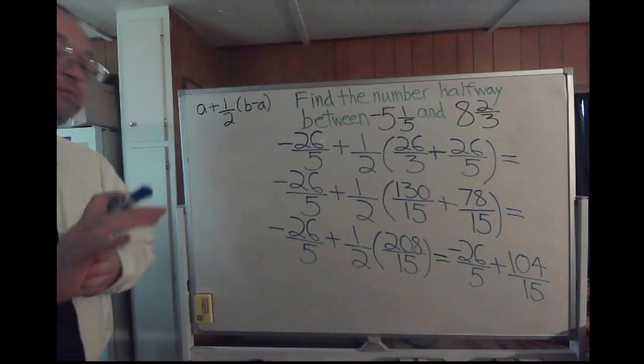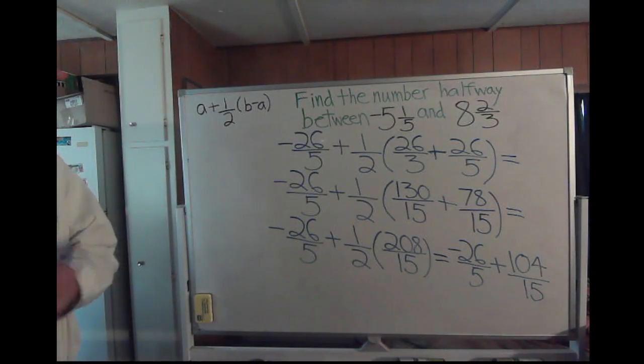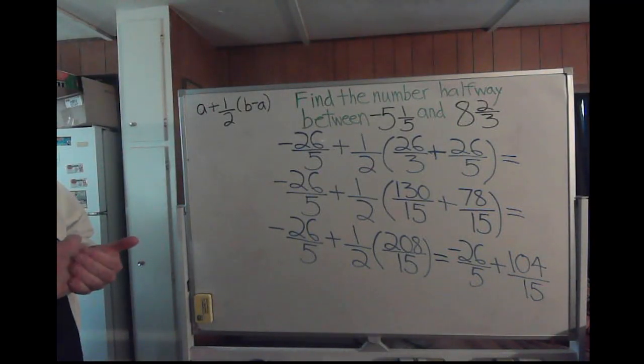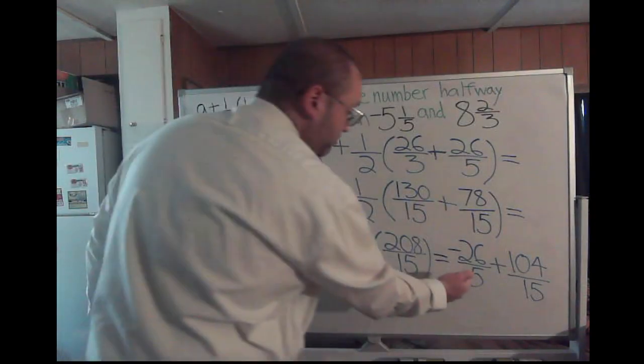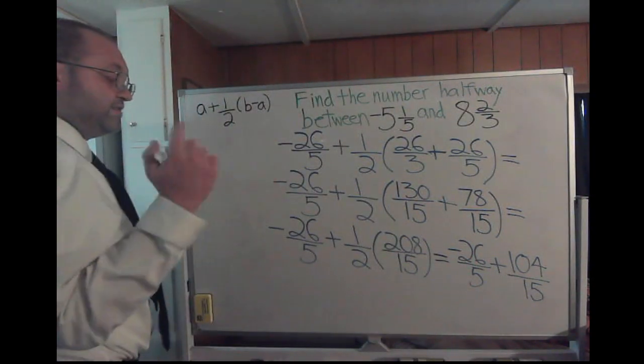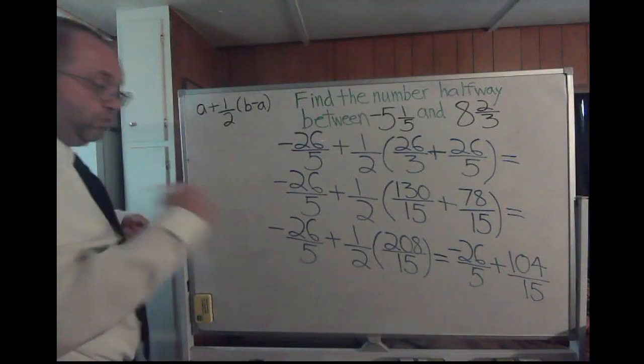Well, the least common denominator of 5 and 15 is definitely 15, is it not? So we're going to have to multiply both the numerator and denominator of the first fraction by 3 in order to achieve that.